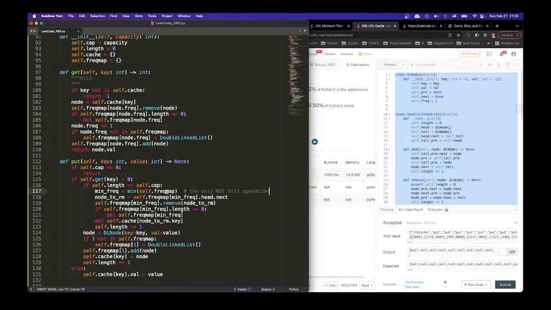But we know the frequency map, all right? Because each node can only have one frequency, and because I remove it if the frequency is gone, so it won't have it. Every time I add a new one, it'll always be frequency 1. Every time I go to that frequency, it will be 2.